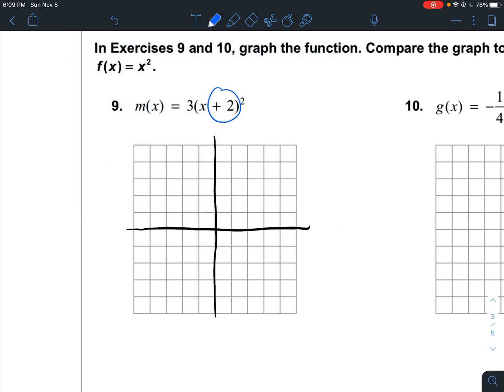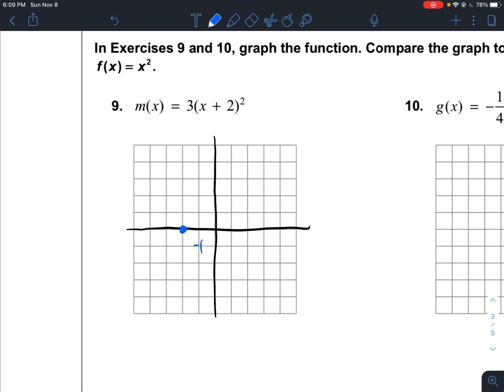And we're going to shift to the left 2, because it's positive. So we shift right there. Now if you want to find the value of y when x is negative 1, we could plug that into the function. And also know that we're going to be facing upward because a is positive.